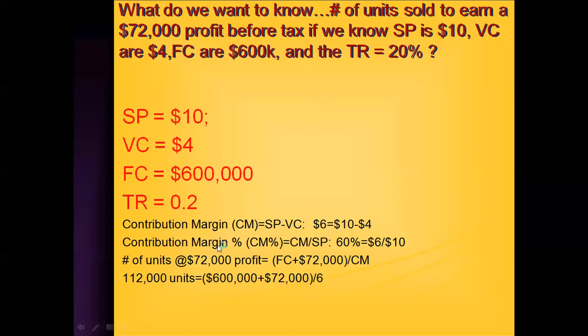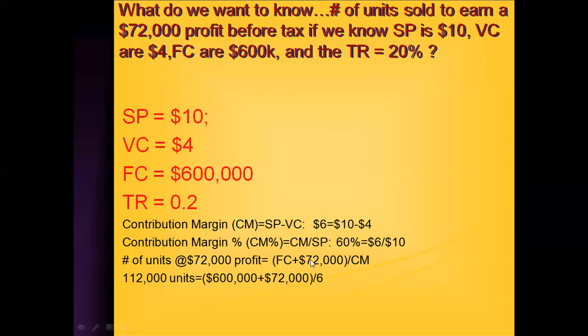So in order to determine the number of units at a $72,000 profit, what you would need to do is add that $72,000 to the fixed cost.